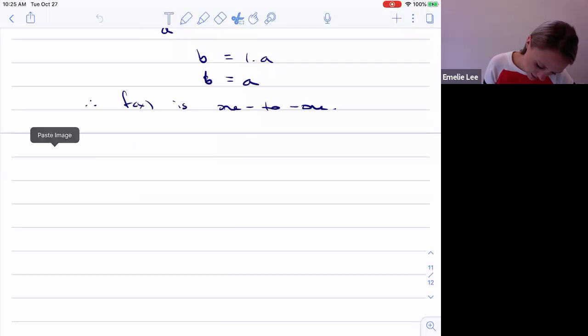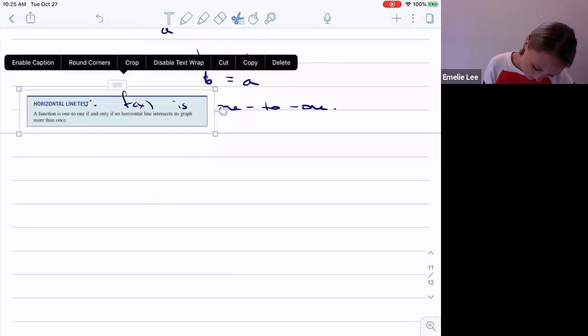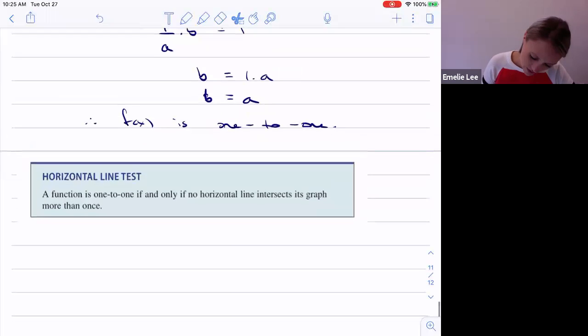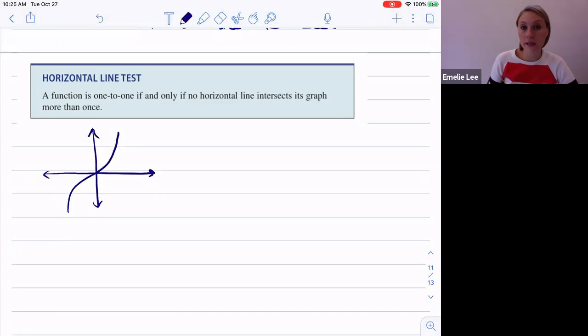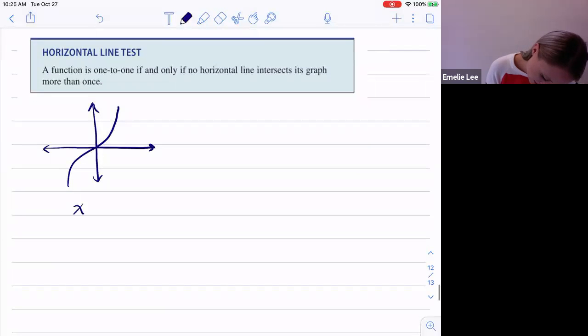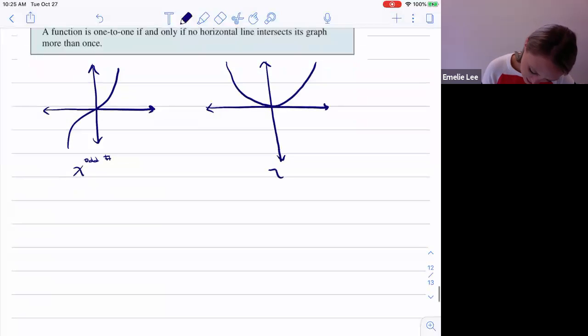And if we put it back in here, if you have some sort of function like x to the power of 3-ish, right? So here we have x to the power of an odd number. Looks like that in general. Whereas if you have x to the power of an even number, generally looks like this.